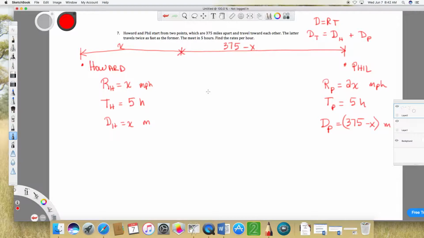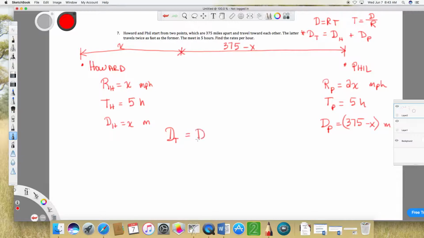I can look at it that time is distance divided by rate, but I don't know the distance and I don't know the rate, so that would be two unknowns.